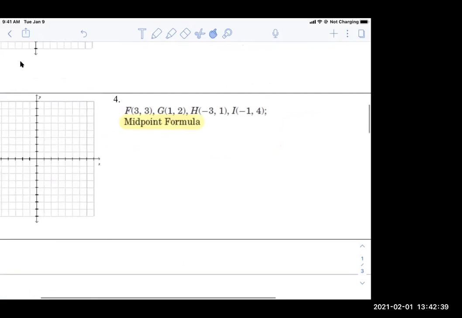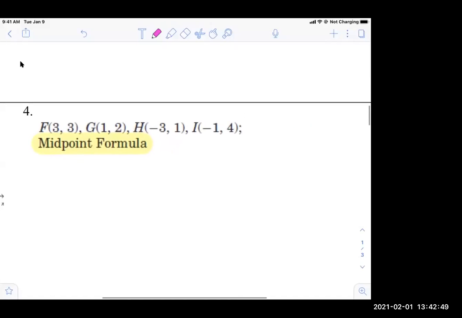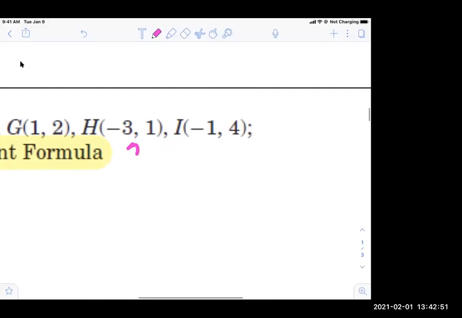Okay, and then midpoint formula. Michael, how many times will you have to do midpoint? 2 times. And what segments do you use when you do that? Are you using sides, or what are you using when you do the midpoint formula?